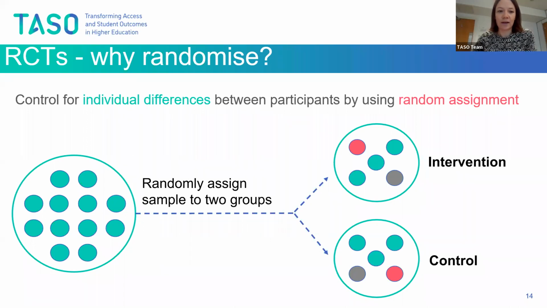This is in line with the law of large numbers, which comes back to sample size, I guess. Essentially, it works with big populations. So if we have lots and lots of people, small fluctuations or any small differences are going to be ironed out over the course of the whole population because there are so many people.